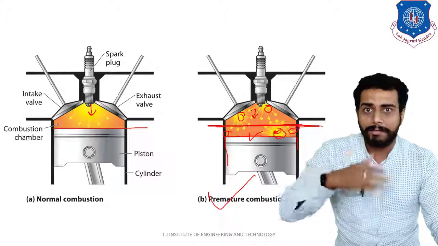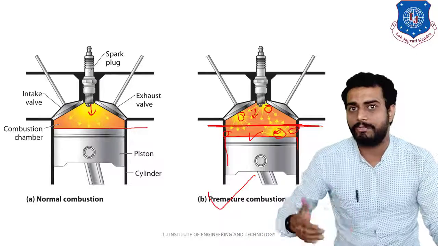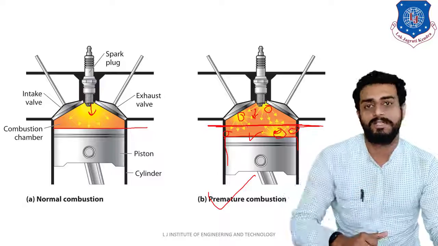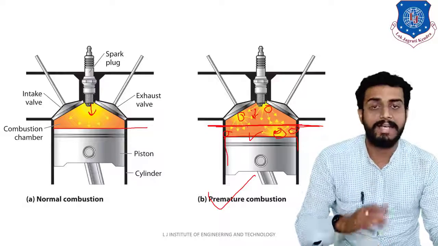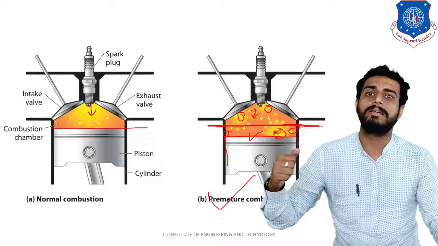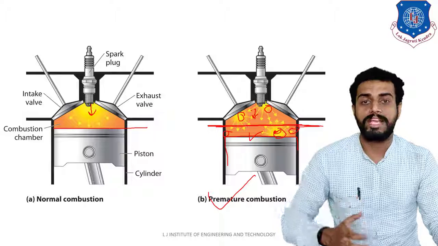And over time, if the same practice is followed again and again, it will damage the material of the piston as well as the cylinder, and that is harmful. That is why you cannot increase the compression ratio for the Otto cycle beyond a certain limit.